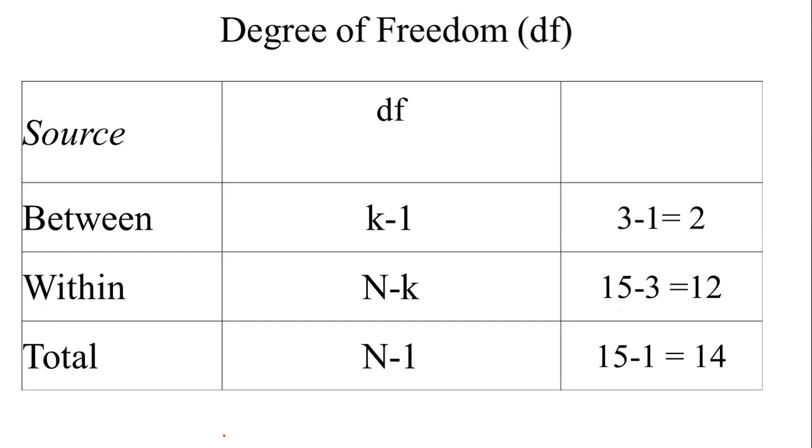Here, we are going to calculate the degrees of freedom between the groups, within the groups, and the total. I've said we are going to calculate the degrees of freedom between the groups, within the groups, and the total. I'll give you some time to copy that table so that I'll be able to explain what is happening here.